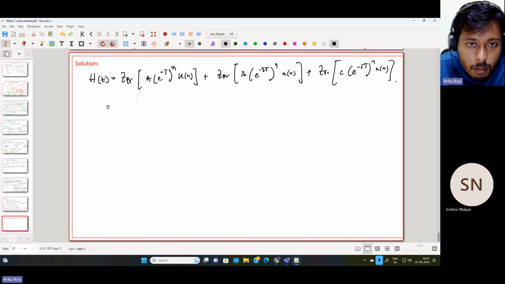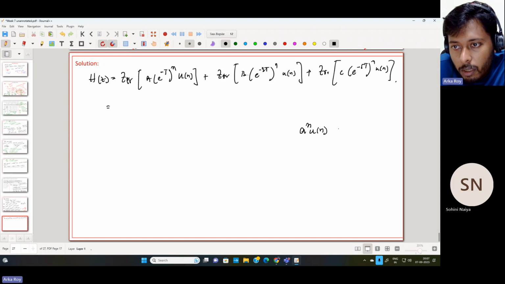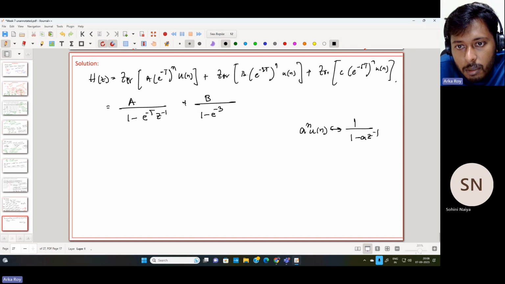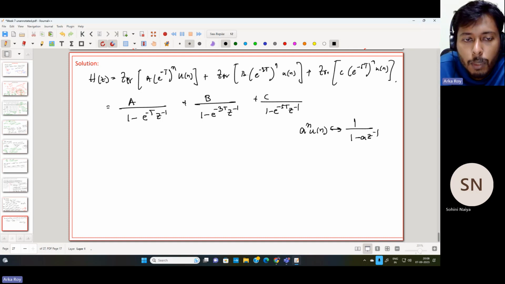Now, we know the relation: a^n u(n) has a Z transform of 1 over (1 minus a z^-1). So if I take the Z transform of this representation, I will get a over (1 minus e^(-t) z^-1), followed by b over (1 minus e^(-3t) z^-1), and c over (1 minus e^(-5t) z^-1). So this is what H(z) looks like.